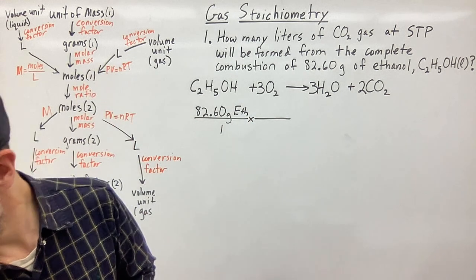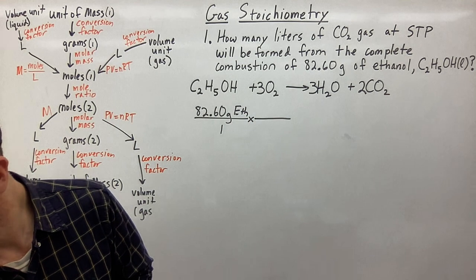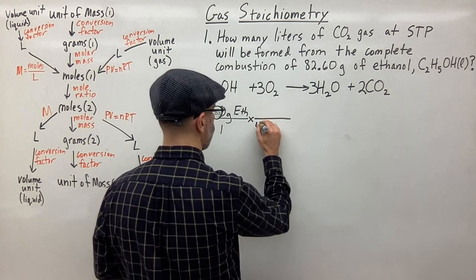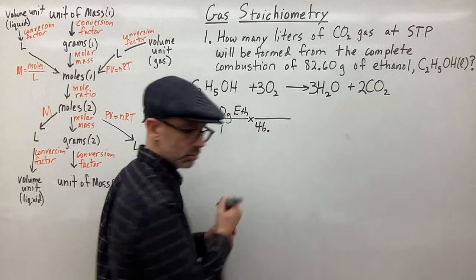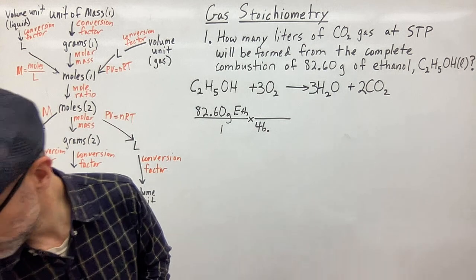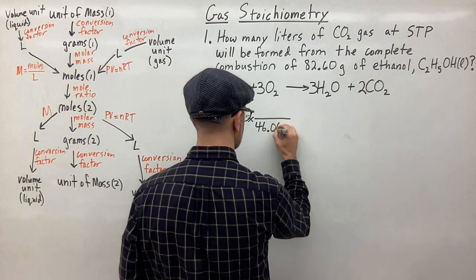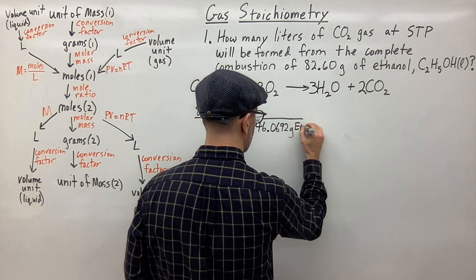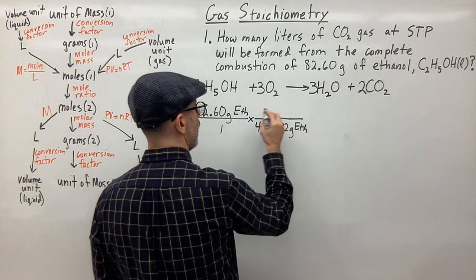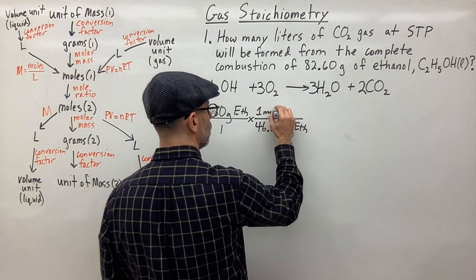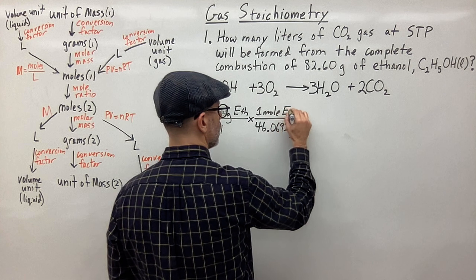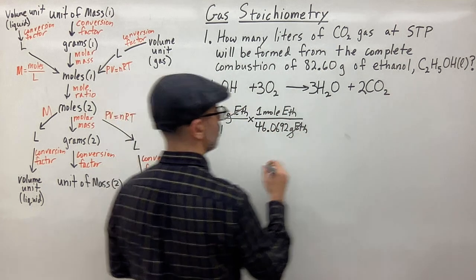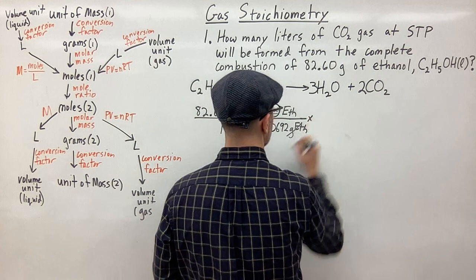So the molar mass of ethanol is 46.0692 grams of the ethanol, 1 mole of the ethanol on top. So grams cancels out.